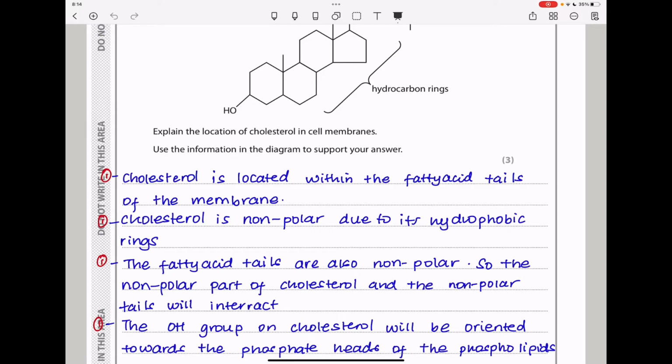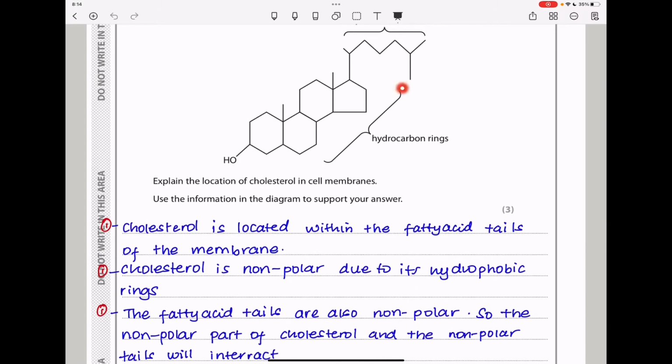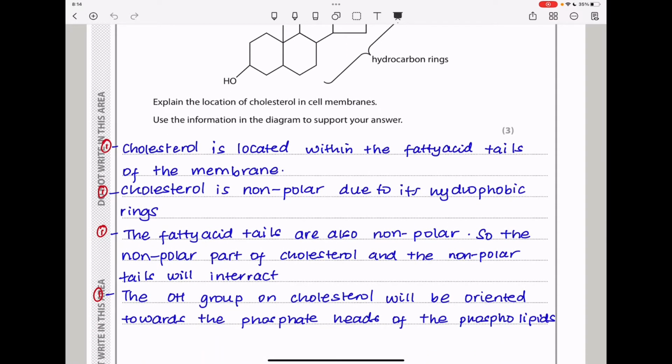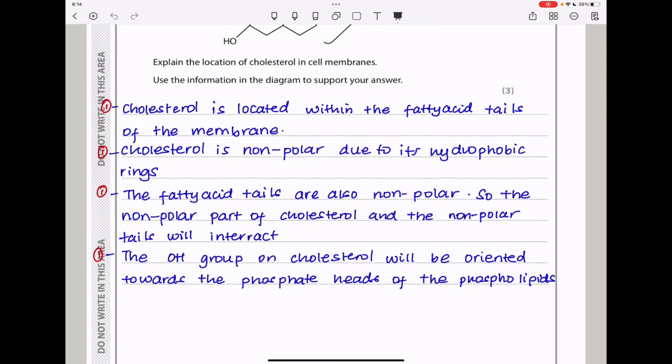So I say cholesterol is located within the fatty acid tails of the membrane. This is a fact. Also, cholesterol is nonpolar due to its hydrophobic rings. We can see these hydrophobic rings, they are nonpolar. Because these are nonpolar, they will interact with the fatty acid tails, which are also nonpolar. So the nonpolar part of the cholesterol and the nonpolar tails will interact.